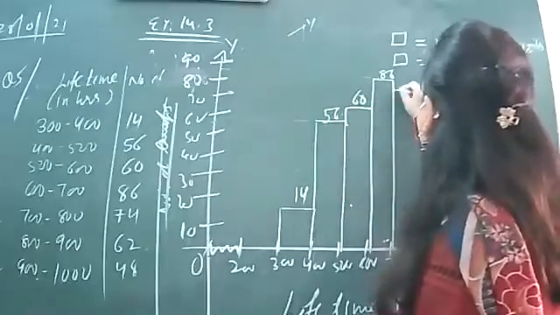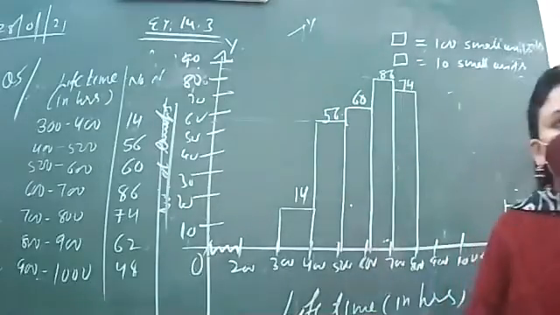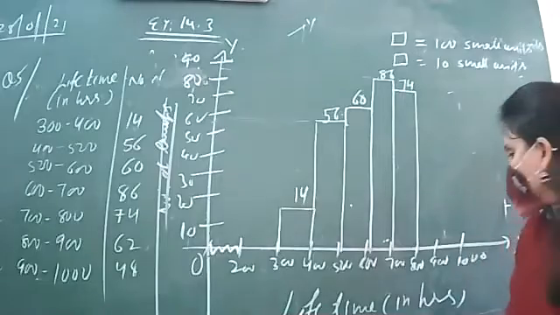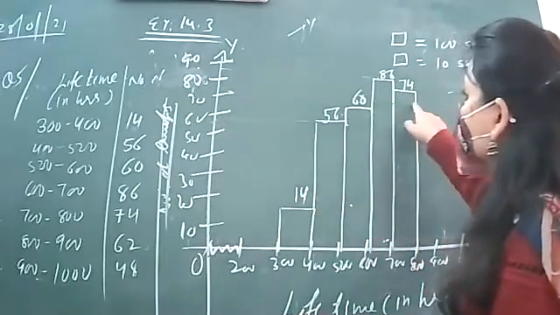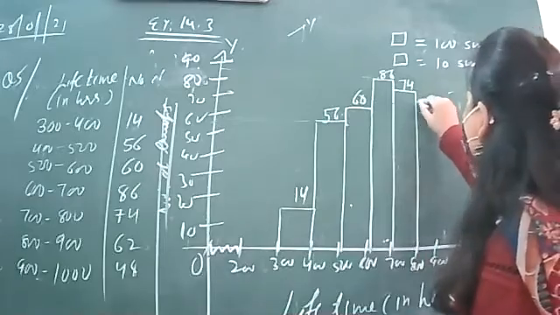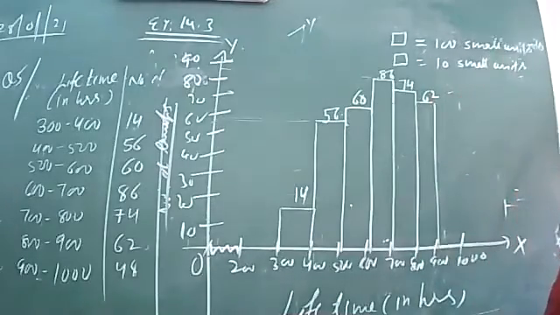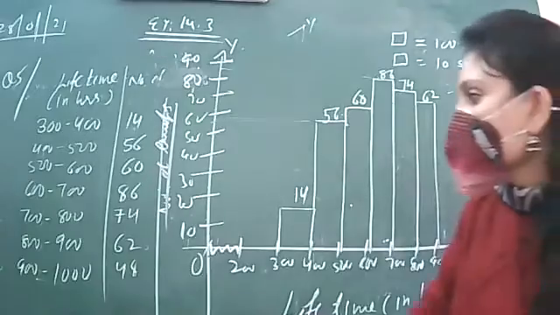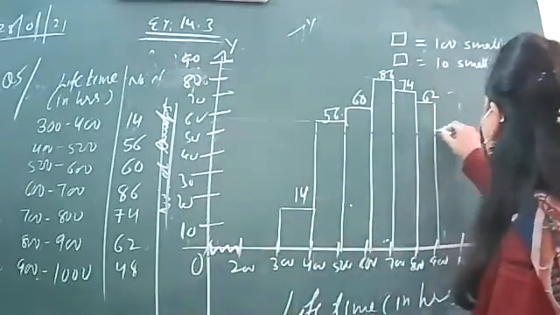After 70, 4 lines. Next, after 60, 2 lines, 62. Then 48. 900 to 1000 is 48. After 40, 8 lines.